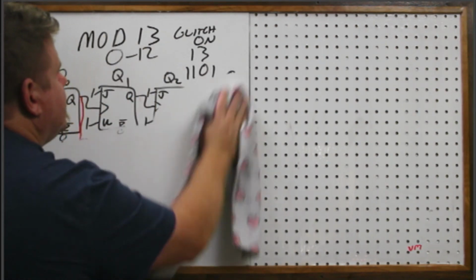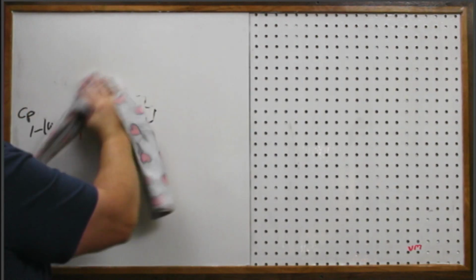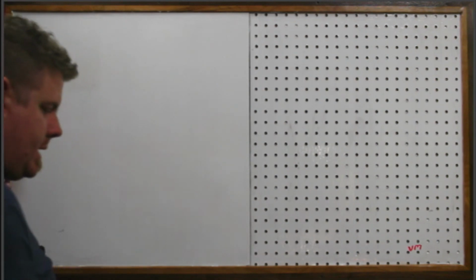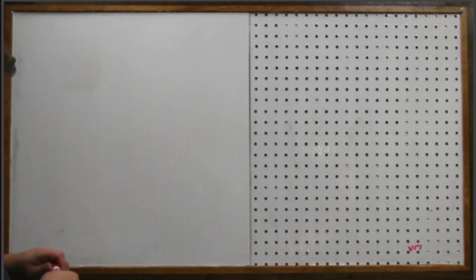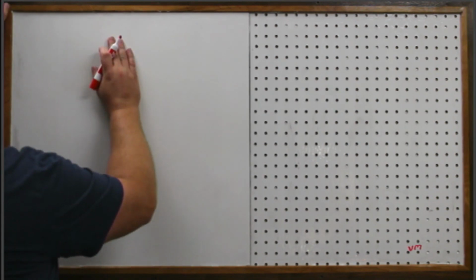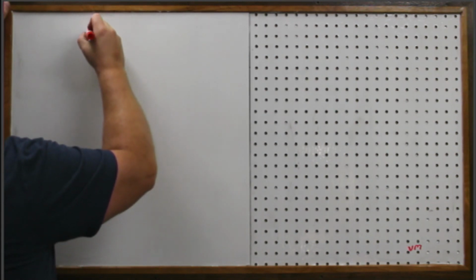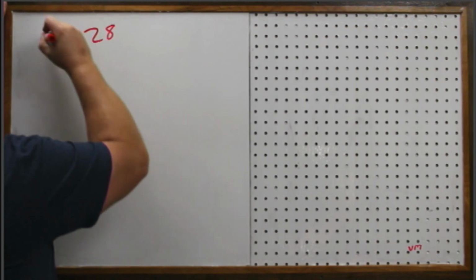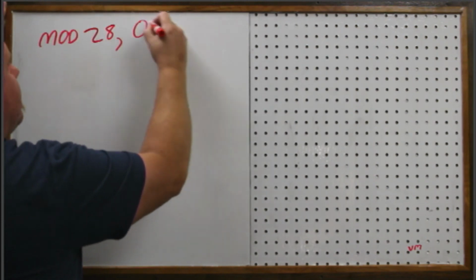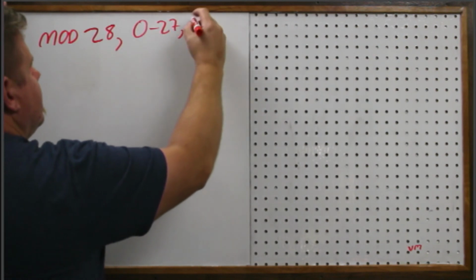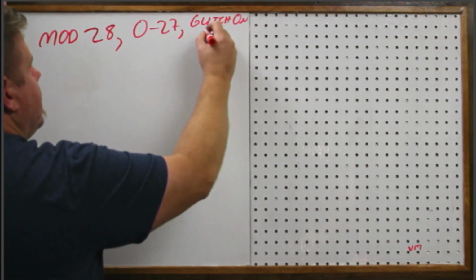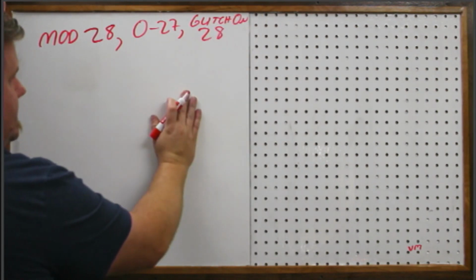What about, let's take it even further and say we want a mod, how about a mod 28? Mod 28, that's going to count from 0 to 27. Glitch on 28.